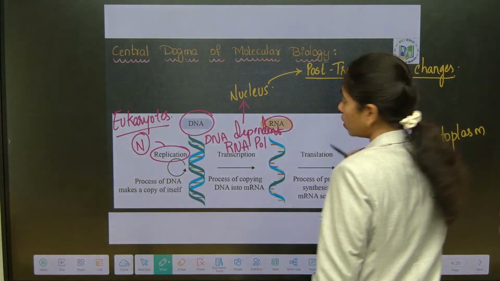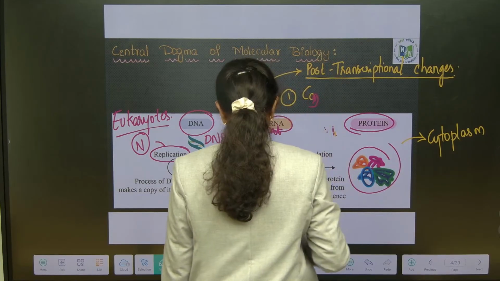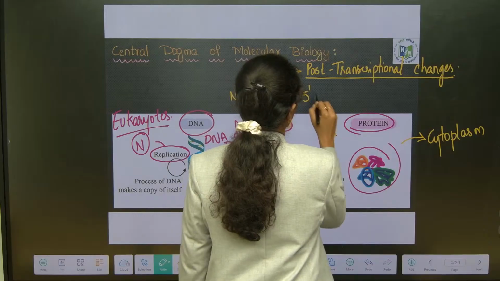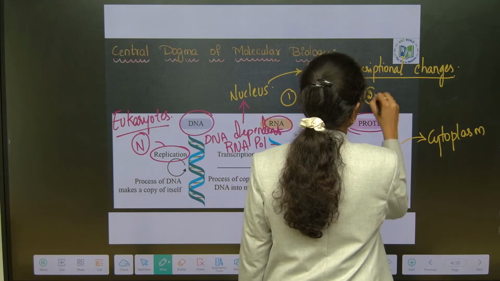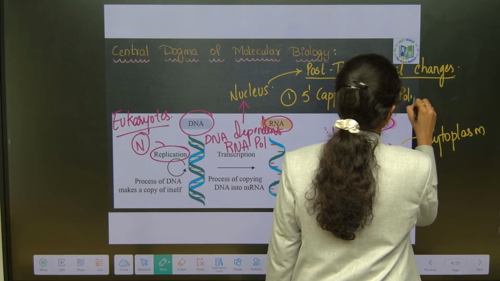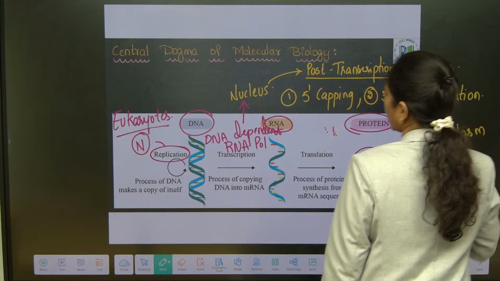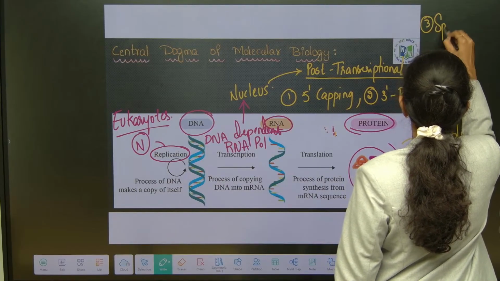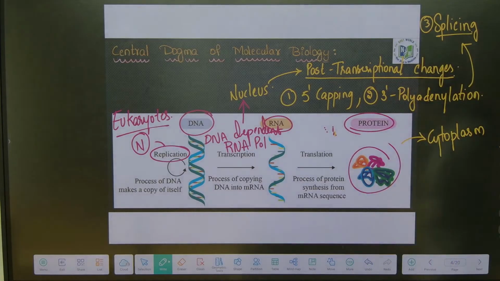Post-transcriptional changes include, first, 5' capping, then 3' polyadenylation, and this is followed by splicing. 5' capping, 3' polyadenylation and splicing.